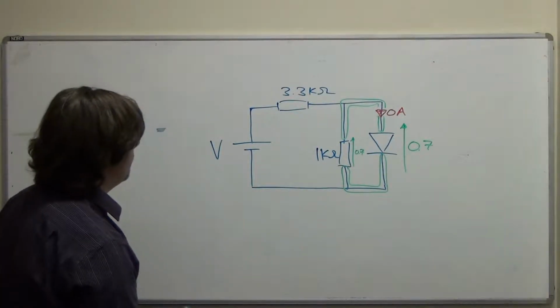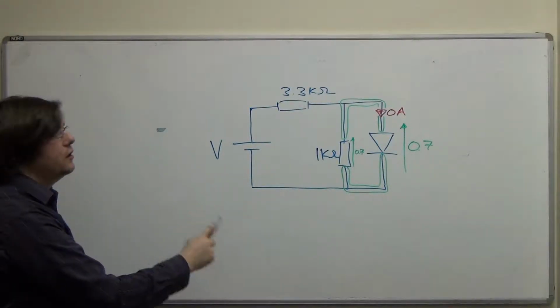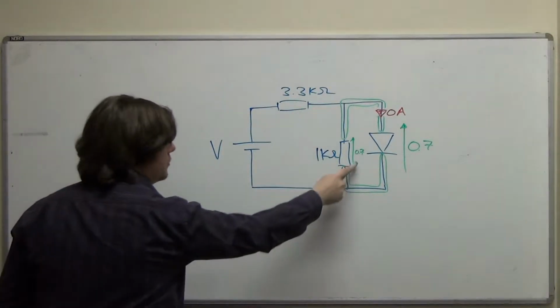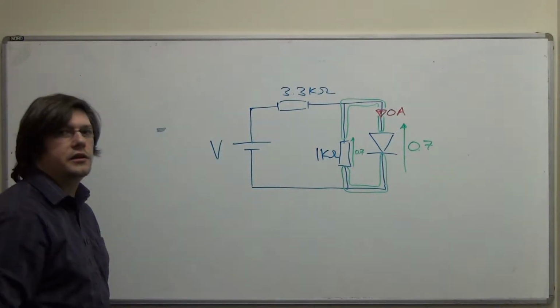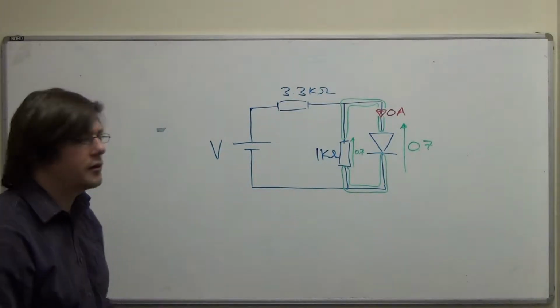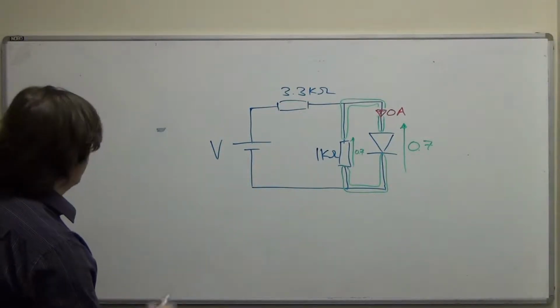So what I'm looking for is a voltage which, between 3.3 kiloohms and 1 kiloohm, leaves 0.7 volts across the 1 kiloohm resistor. So this is really a potential divider problem, and you can redraw it if you want to, like this.